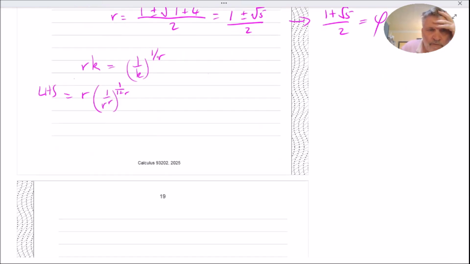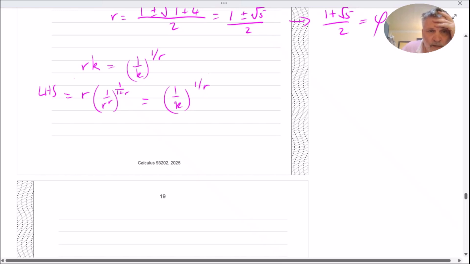If we raise both sides to the power of r, let's write it as 1 over k to the power of 1 over r, then we'd get r times 1 over r to the power of r, to the power of r over 1 plus r, has to equal 1 over k.